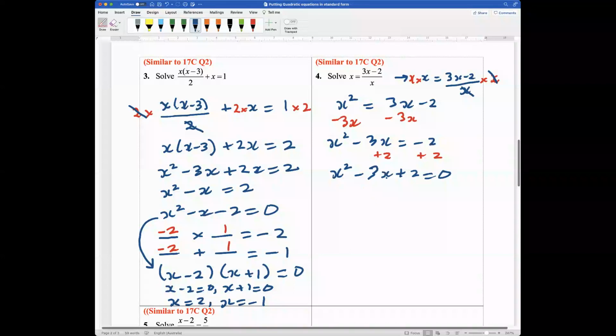Okay, it's monic, so you want two numbers which multiply to give the constant term 2, two numbers which add to give the coefficient of x, negative 3. So you can pause the video if you want and have a think about what those numbers might be. Right? And hopefully you worked out negative 1 and negative 2.